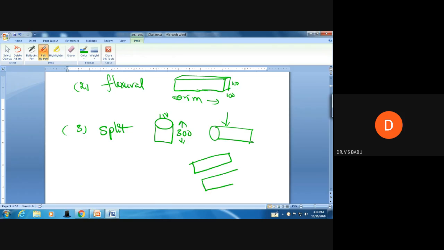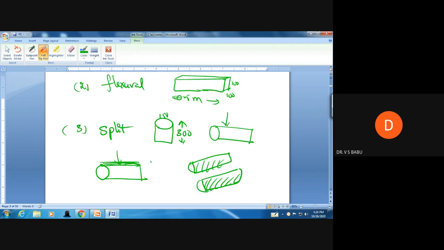That means if you apply the load in the axial direction, in this case it will break into two halves.